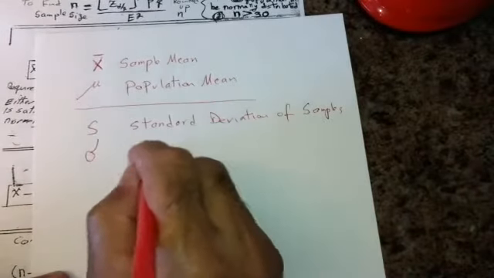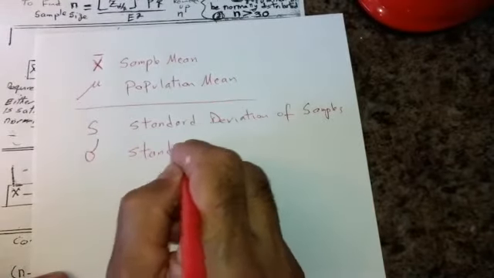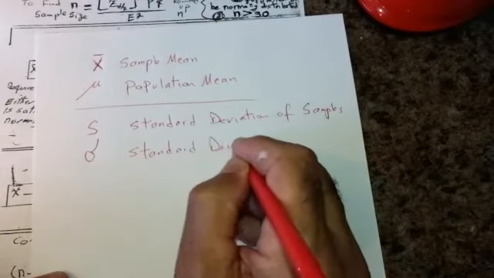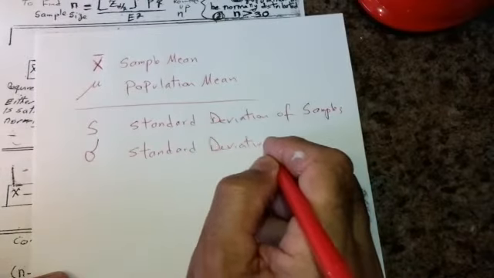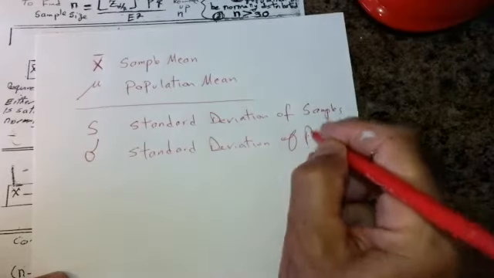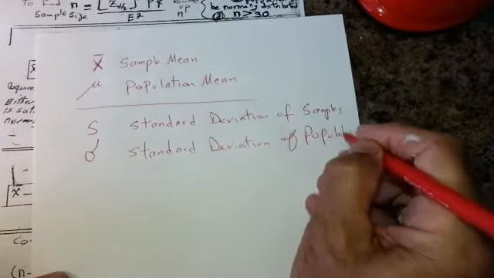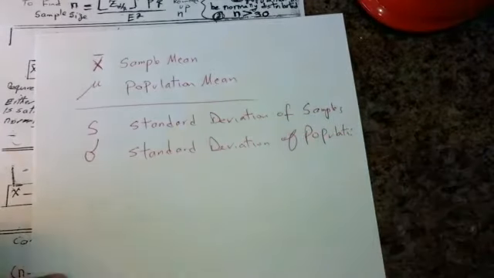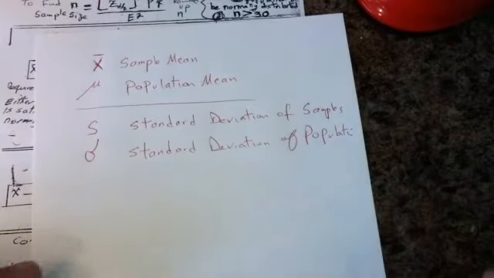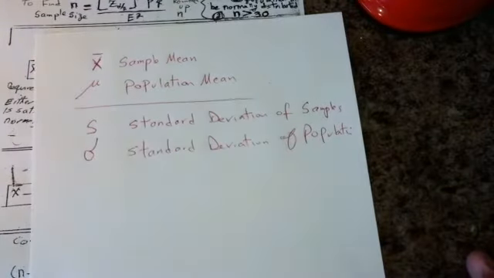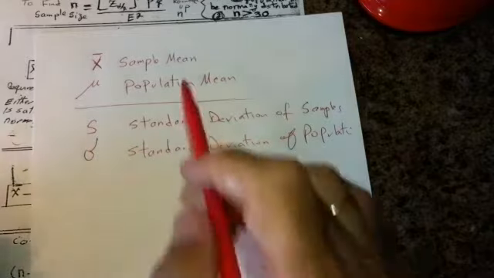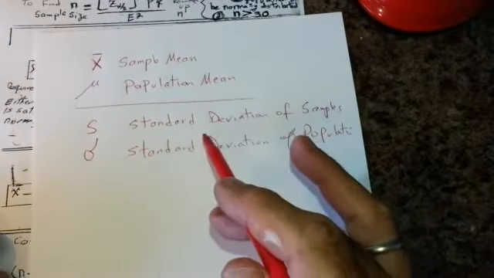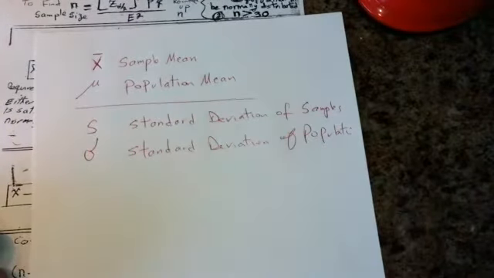That is the standard deviation of the populations. So you should be familiar with these four letters that we use in statistics. Again, the first two are for samples and the other ones for populations.